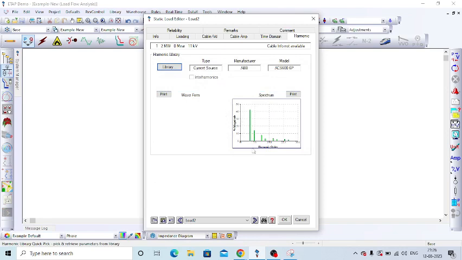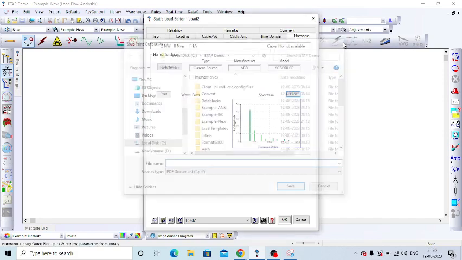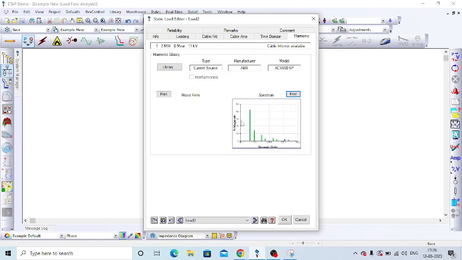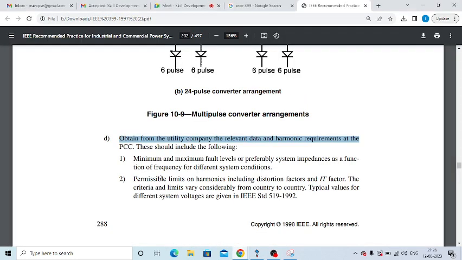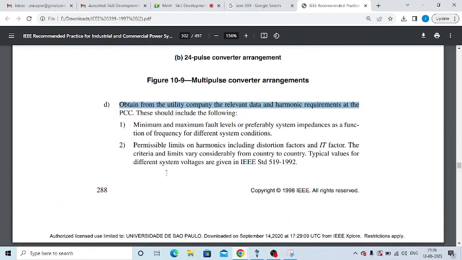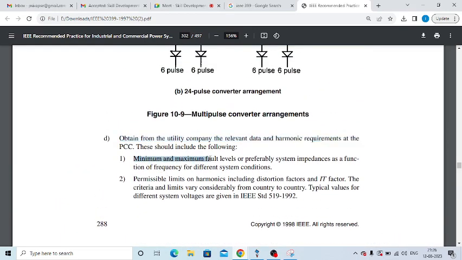Here you can see the harmonic magnitude. So this particular VFD will produce this much harmonic spectrum at the time of operation, right? Then, as I told, this is the short circuit level of the grid.